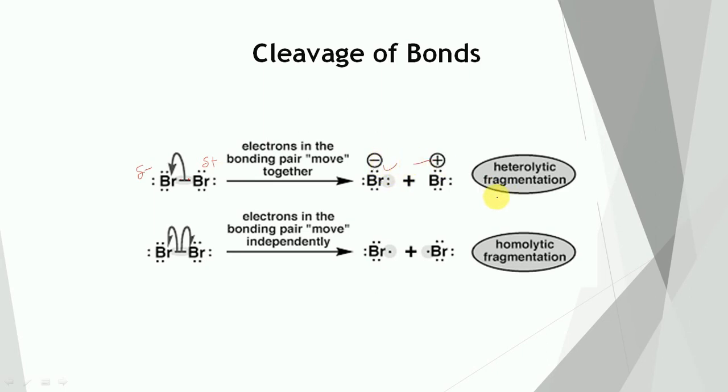So it is heterolytic fragmentation or cleavage. Then homolytic cleavage. Now in this case, out of both the electrons, one electron is carried by this and another electron is carried by this, and free radicals will get formed. So it is called homolytic fragmentation and homolytic bond cleavage.